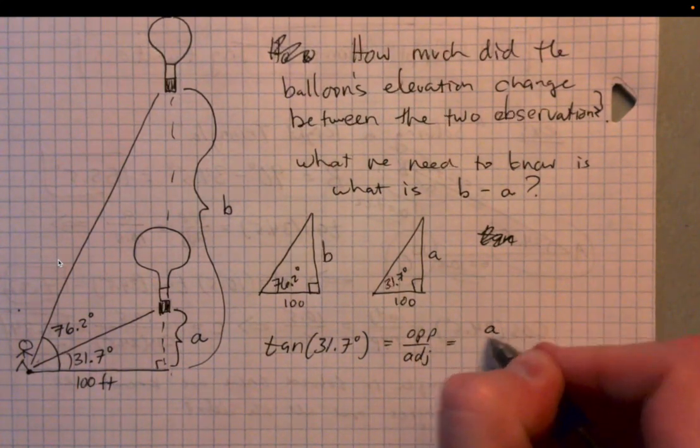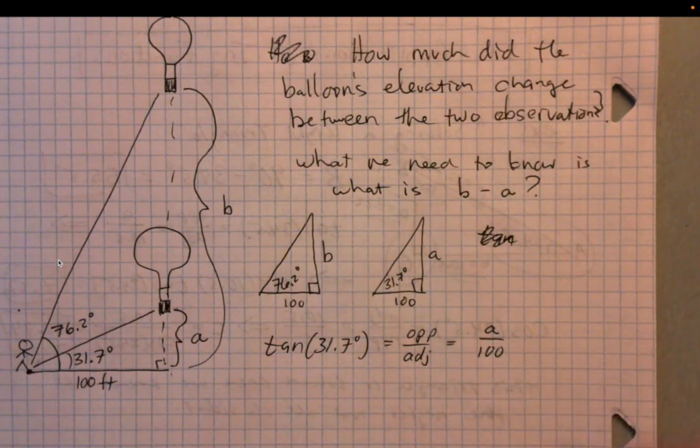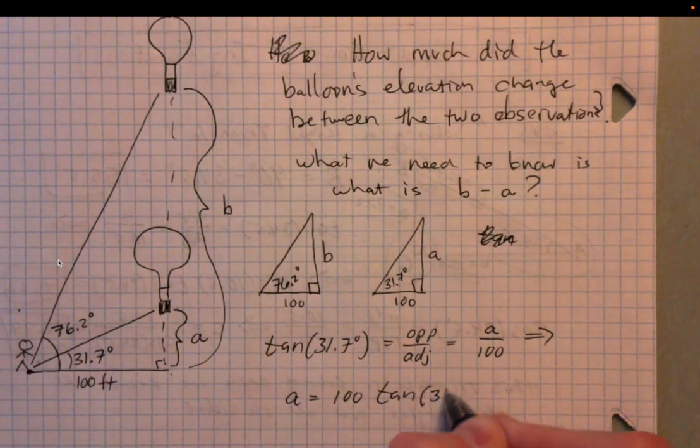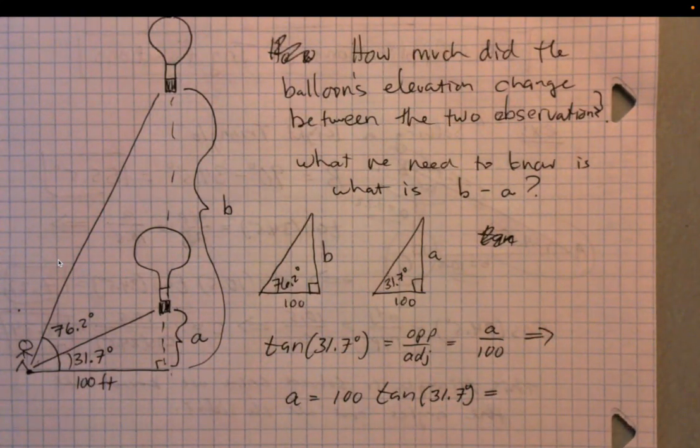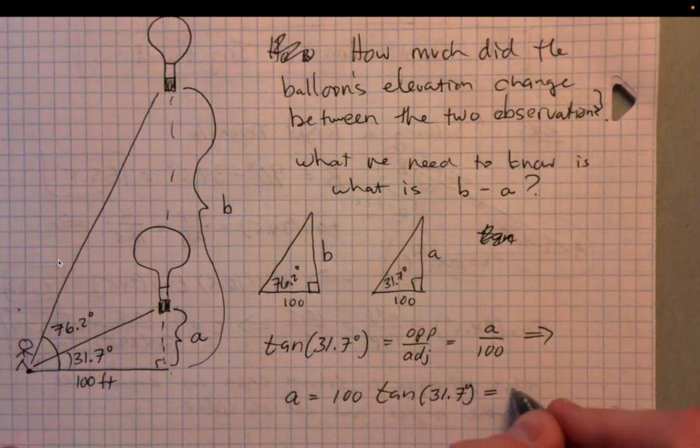Right, so that's A over 100. Okay, and so we know therefore that A is equal to 100 times the tangent of 31.7 degrees. And you can do that calculation and find that the height A here is 61.8 feet.